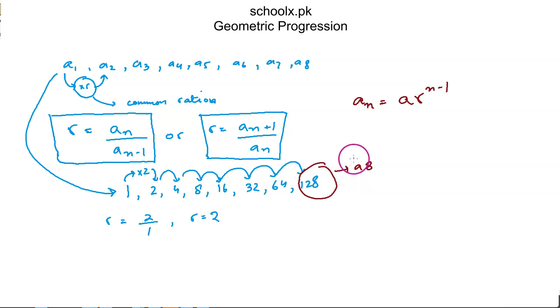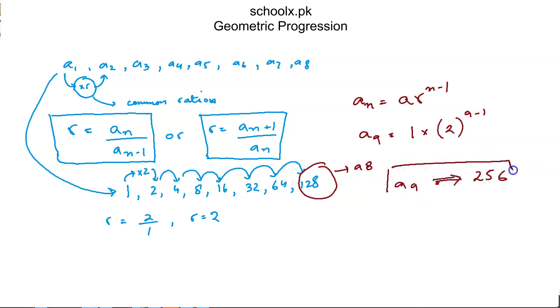Now if I want to find my 9th term, a9 equals a, the first term was 1, into common ratio 2, to the power 9 minus 1, right? 2 power 8. So that will give me 256, right? So this is our 9th term, and this is the formula for finding the nth term of a geometric sequence.